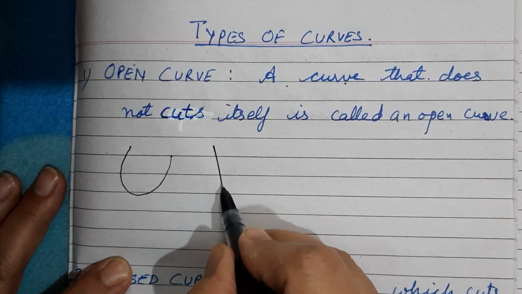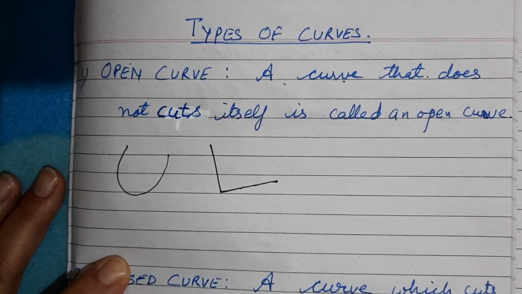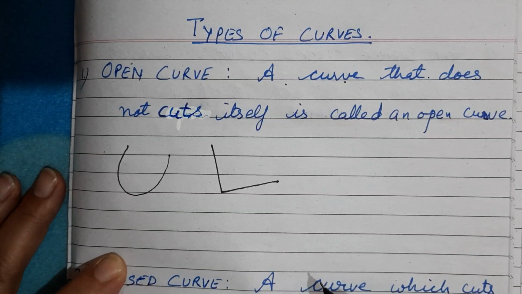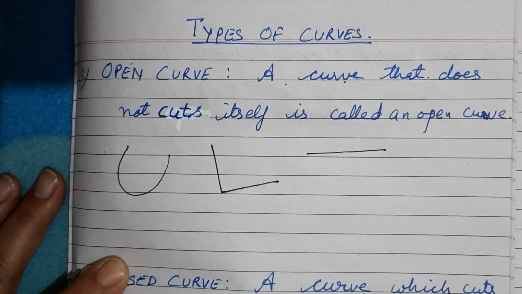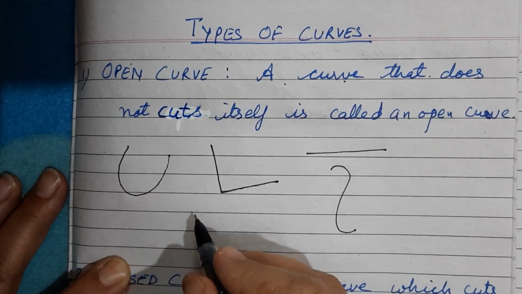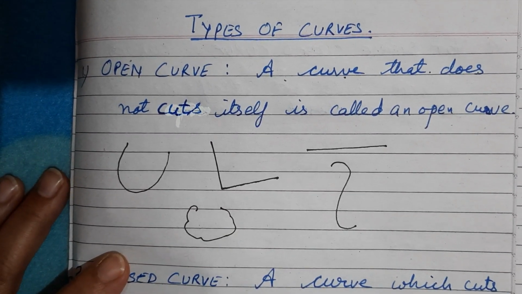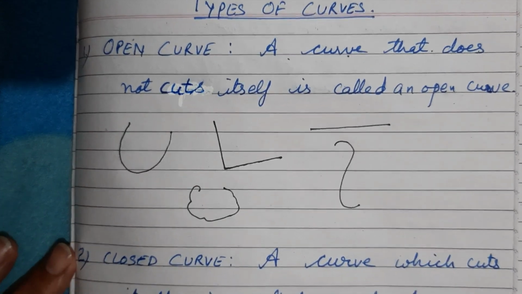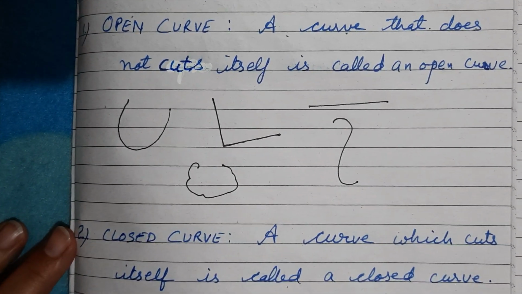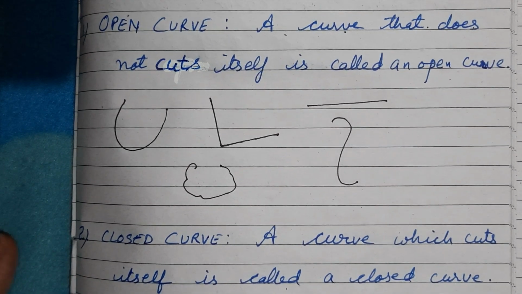As I told, a straight line is also a curve, so I can draw this figure also. This is also an open curve. From this side it is open. This is also an open curve. This is also an open curve. Any figure which we are drawing and which is not joining at the same starting point is called an open curve.